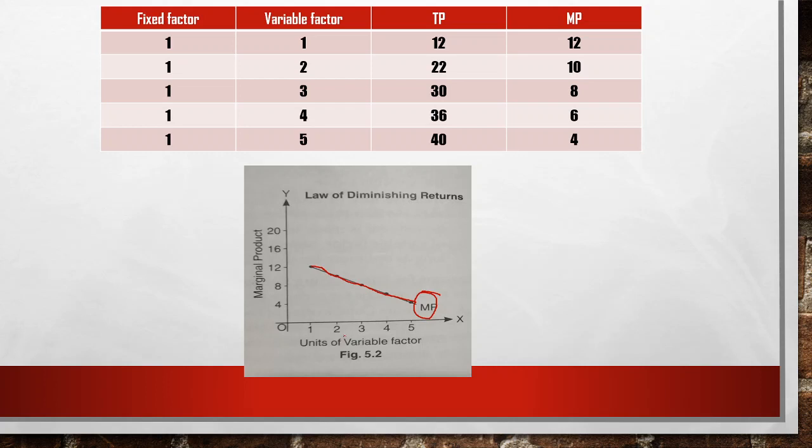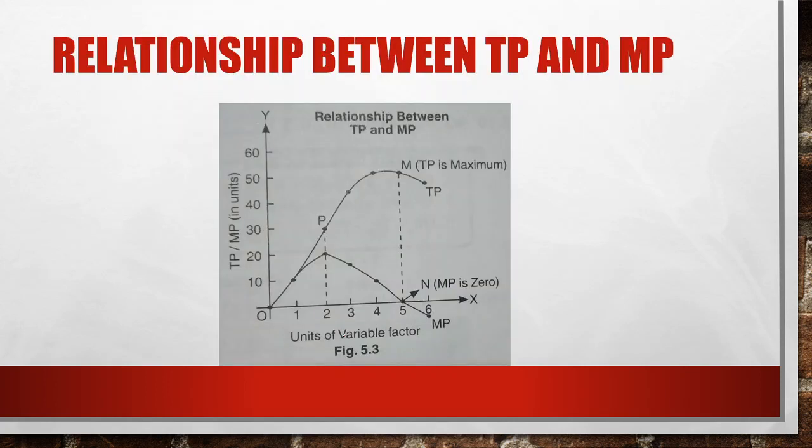Next is the relationship between TP and MP. Let us now discuss the relationship between total product and marginal product. Students, see here, the total product curve and the marginal product curve we have earlier drawn separately, but here we are drawing them together.